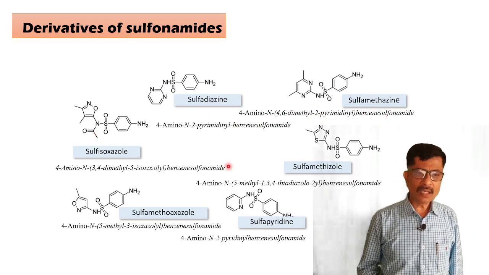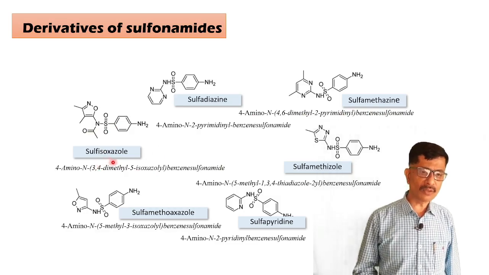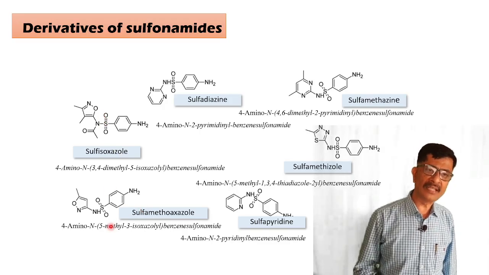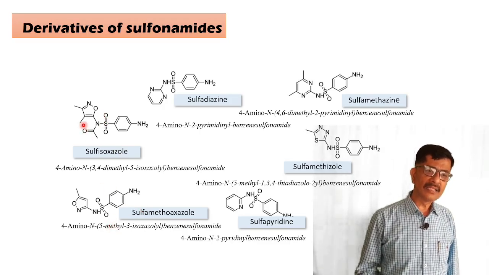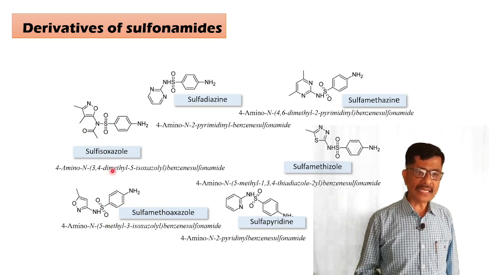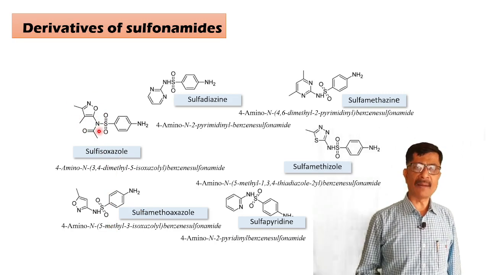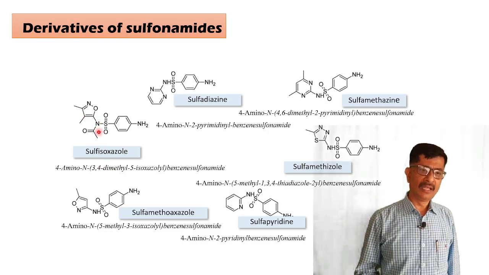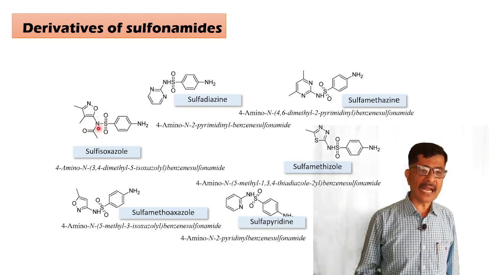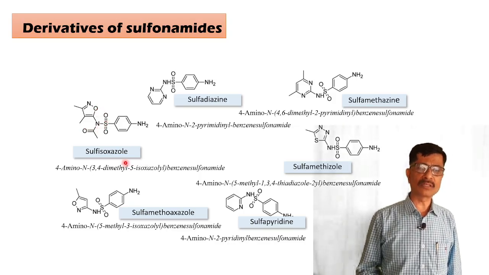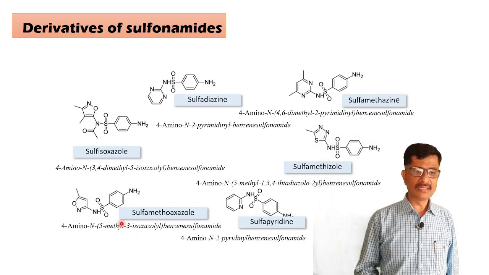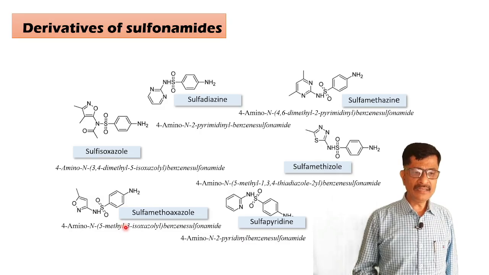Then next one, that is sulfisoxazole and sulfamethoxazole. Again, the common feature in this is substitution of isoxazole ring at this nitrogen, amide nitrogen. The isoxazole ring is connected to amide nitrogen at its 5 position in sulfisoxazole, whereas it is connected through its 3rd position in sulfamethoxazole.